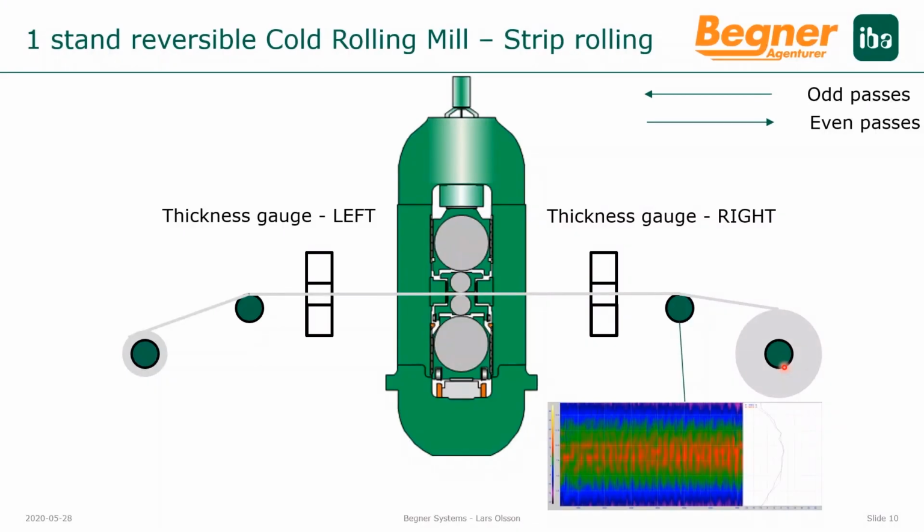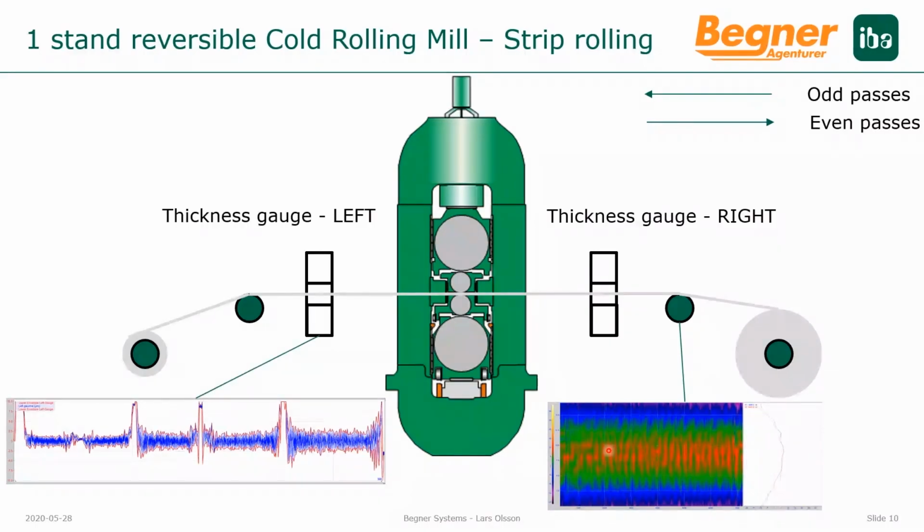And here are some examples of IBA data from a mill like this. This is a top view of a flatness measurement that you can represent by having all those segments in this roll in the width direction, and time on the x-axis, and then the flatness measurement, or actually the pressure measurement itself, is represented by the top view.